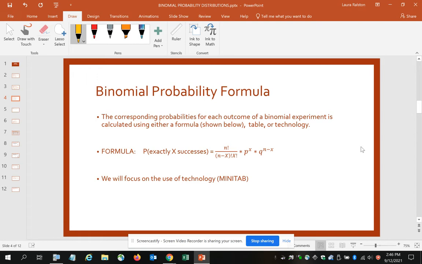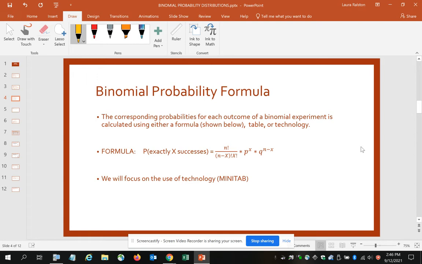I'm going to do one example by the formula so that you can see that it does work, but primarily we're going to use technology. Specifically, we're going to let Minitab calculate the probabilities for us because it's more important that we understand how to interpret that probability or that value than it is that we can manually calculate it.